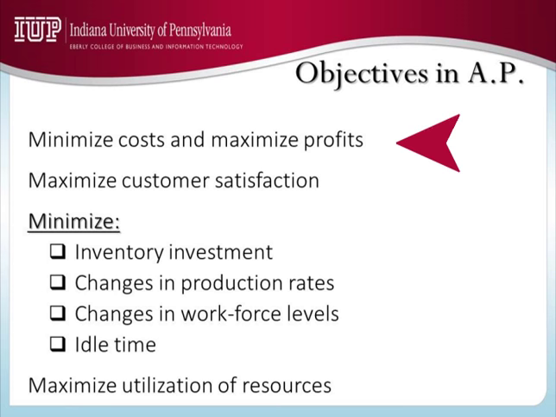Now, how would you minimize stockouts and back orders? By having ample inventory. But look at what the second objective is saying: minimize inventory investment. It's because inventory is expensive. You don't want to have too much inventory either. But if you have less inventory, it can result in stockouts and back orders.